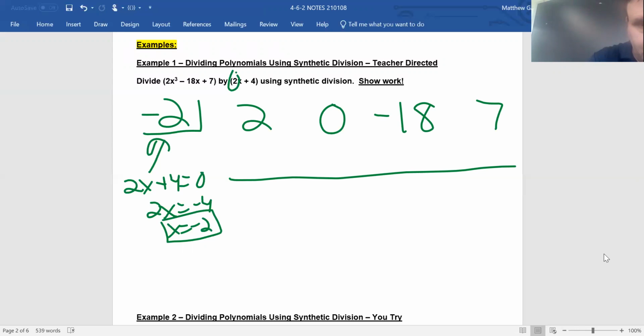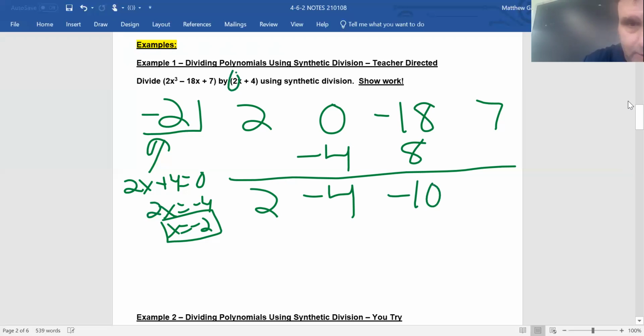And then just complete the process, bring down the 2. 2 times -2 is -4. 0 added to -4 is -4. -4 times -2 is 8. -18 plus 8 is -10. So we get a remainder here. This is good. And -10 times -2 is 20. So you get a remainder of 27.